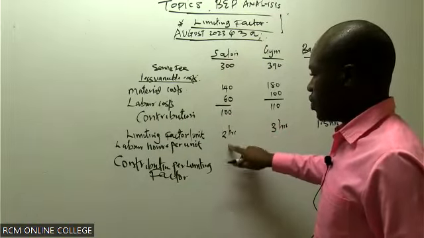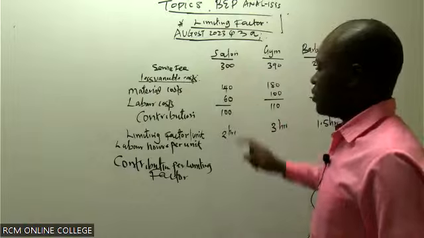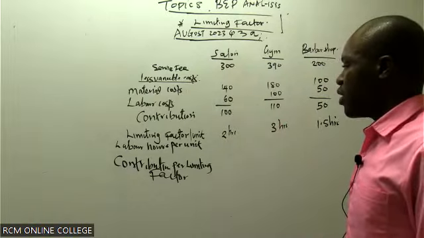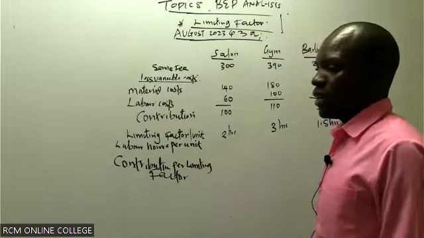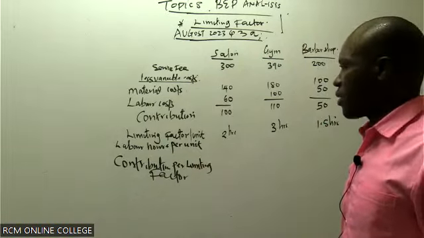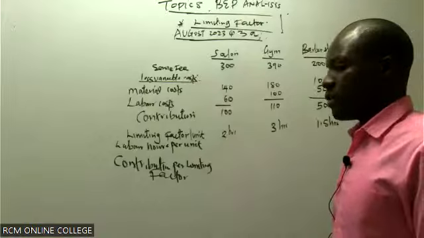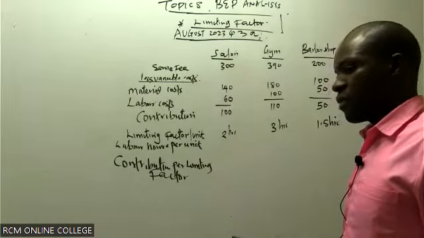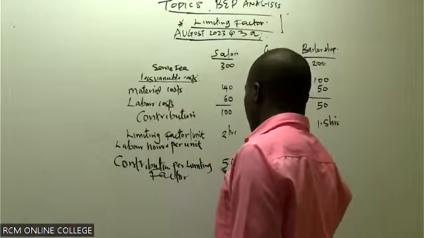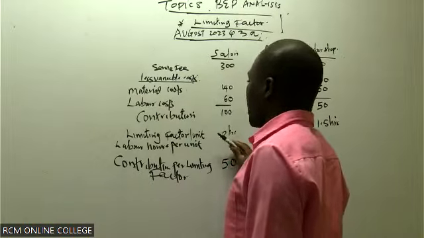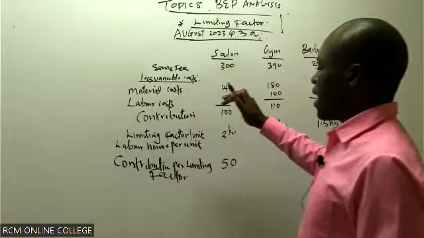How many shillings per hour under this? Contribution per limiting factor, contribution per hour. Take 100 divided by 2, how much do we get? For every 1 hour, the company is going to make 50 shillings.